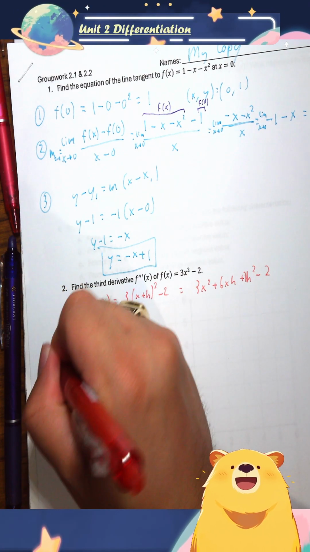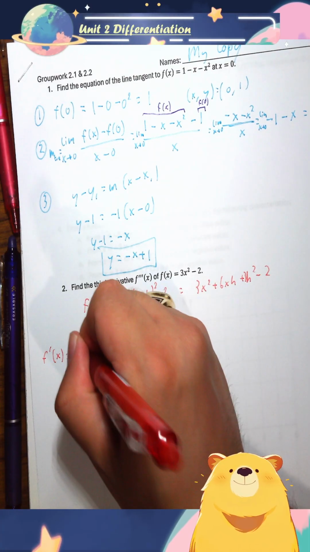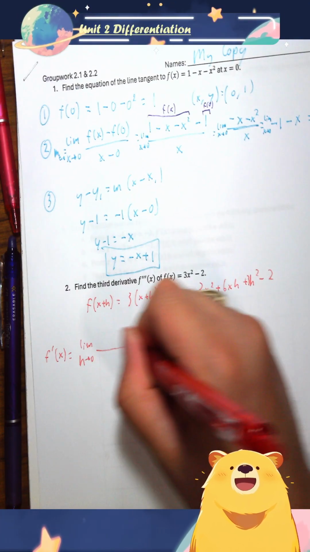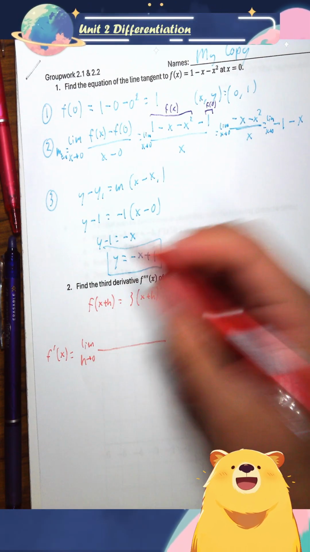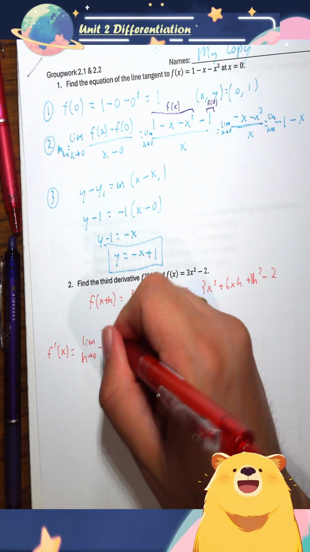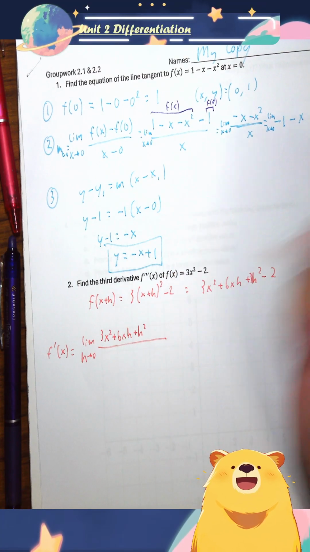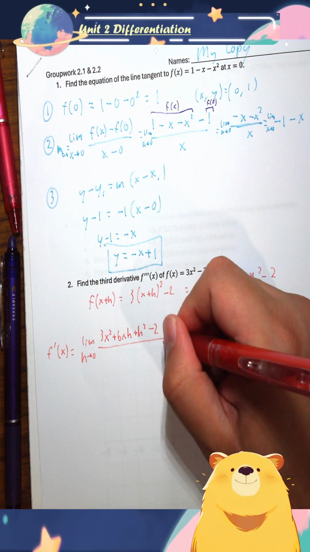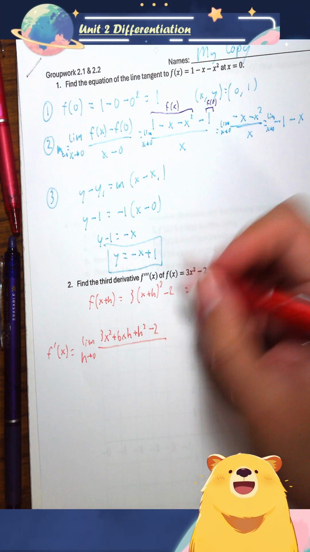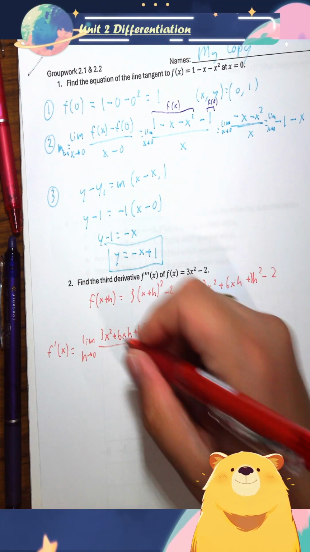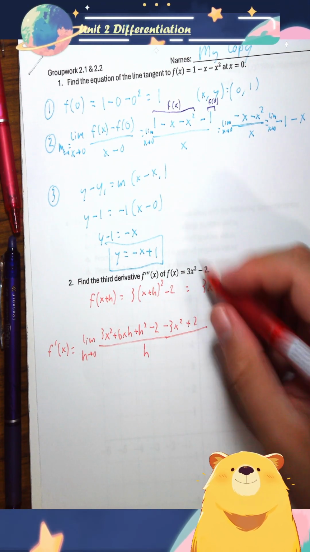Alright, first derivative. The limit as h goes to 0 of f of x plus h, which is 3x squared plus 6xh plus 3h squared minus 2, and then minus f of x. So minus 3x squared plus 2 all over h.